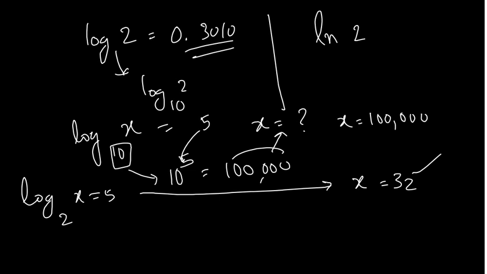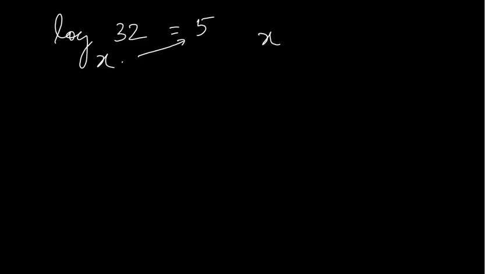Let me give another one. Log 32 to the base x equal to 5. You still will have to do it like this, this is the base. So x to the power of 5 is 32, so x equal to 32 to the power of 1 by 5.